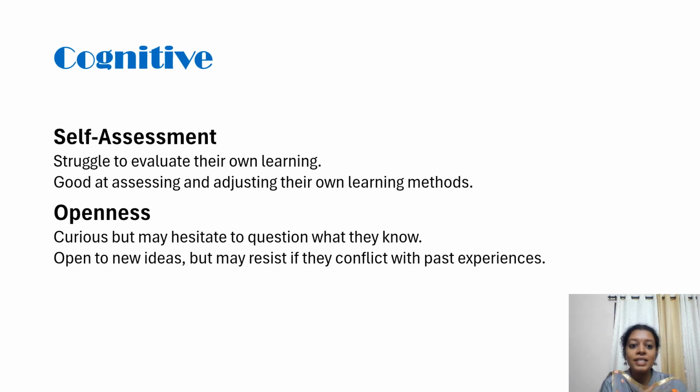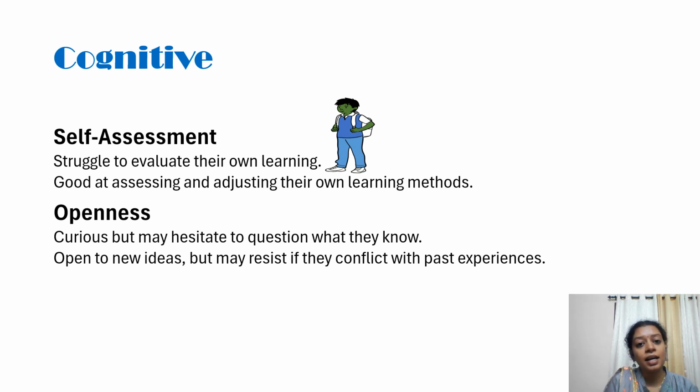And the next point is about self-assessment. One is struggle to evaluate their own learning. It's clear, right? Adolescent, there is no doubt. And good at assessing and adjusting their own learning method. That is adult learners. So these adolescents often struggle to evaluate their own learning accurately. So they need guidance to understand how well they are doing.